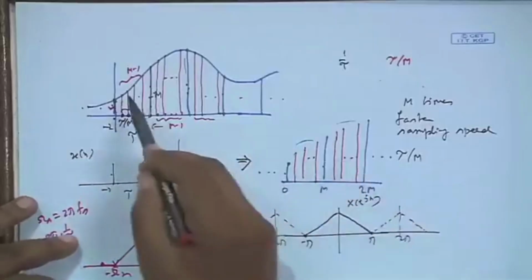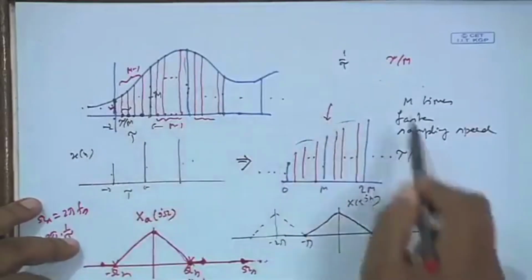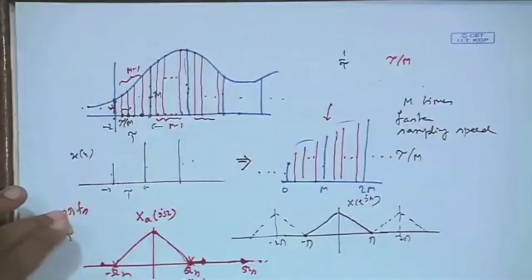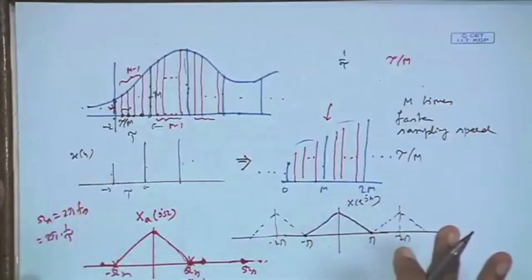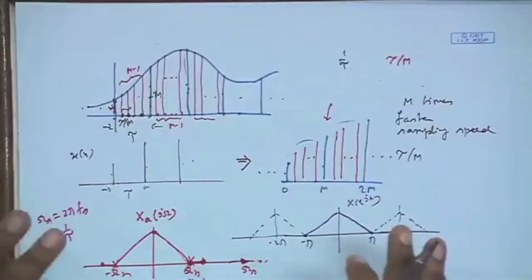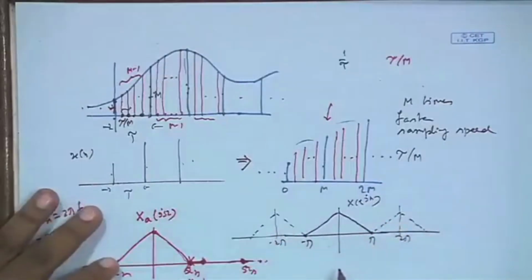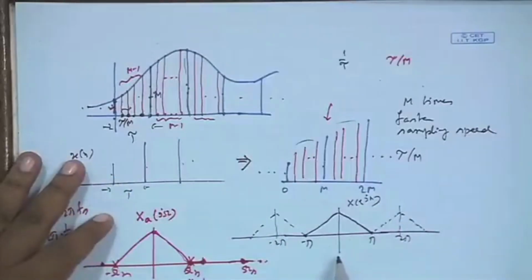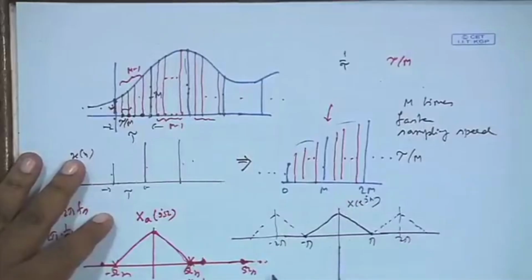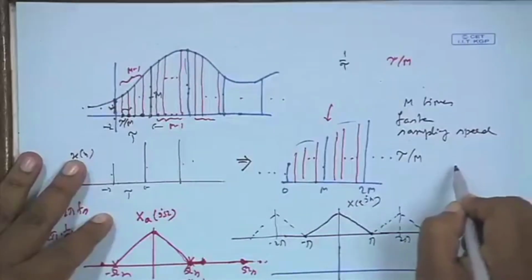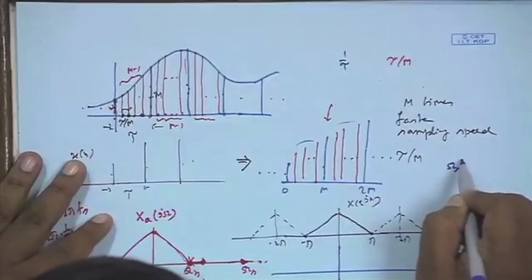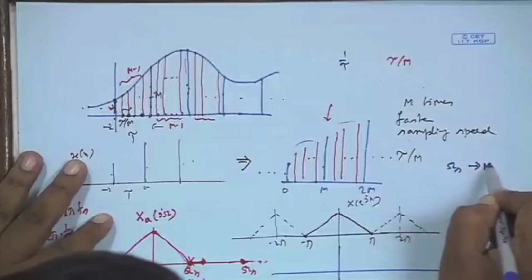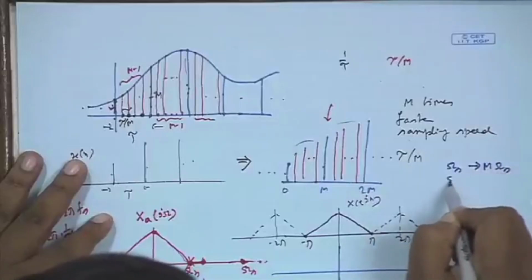Then for this sequence, what is the DTFT? That also you have to see. There will be no aliasing, so the DTFT will again be a replica of the analog Fourier transform, but it will have a different shape now. The new omega s, which you can call omega s prime, is m times the original omega s.